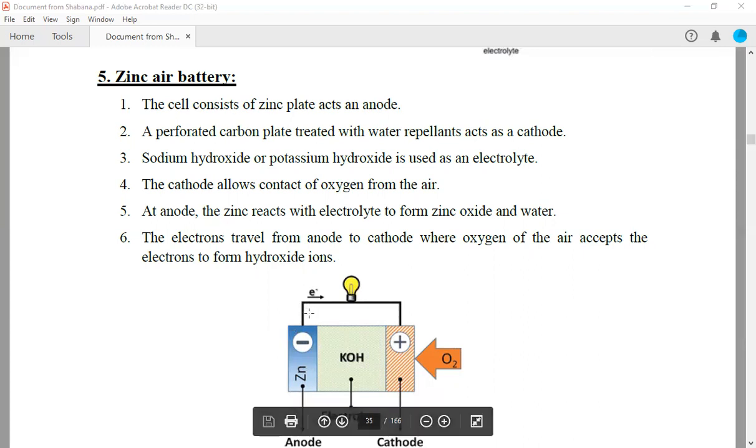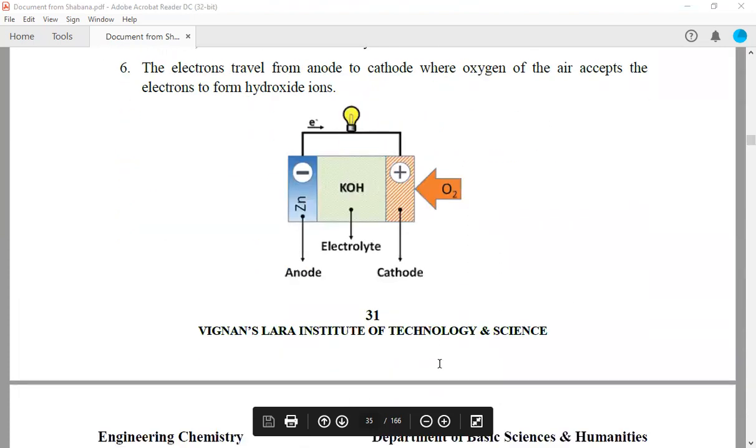That electron travels from anode to cathode, where the oxygen of the air accepts this electron and forms hydroxide ion.